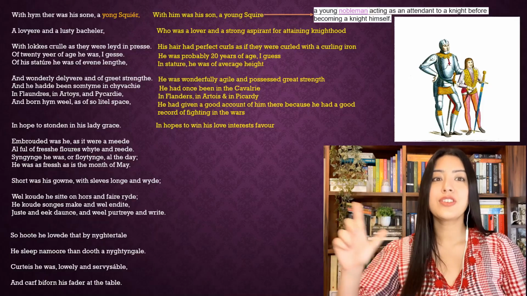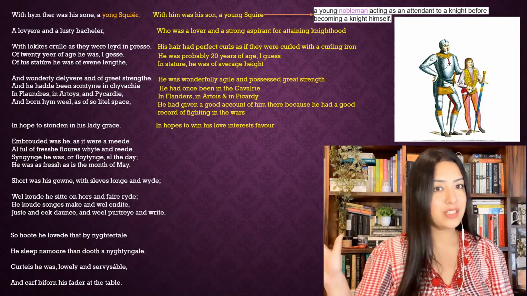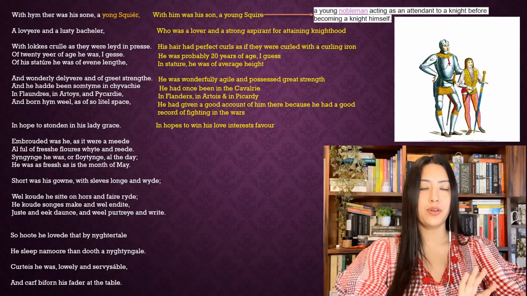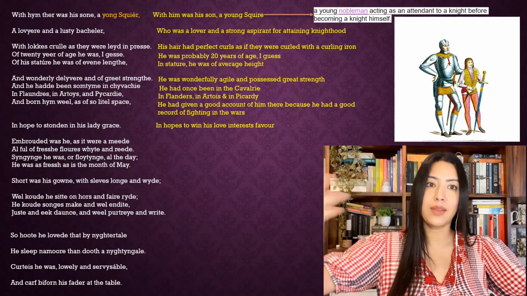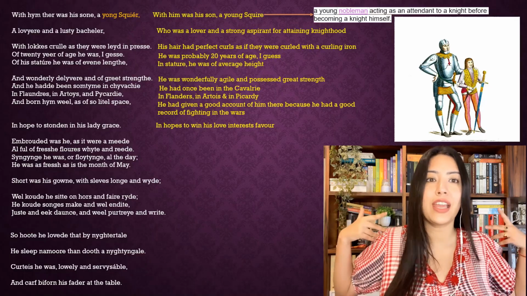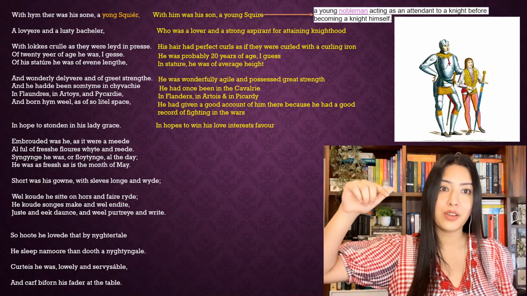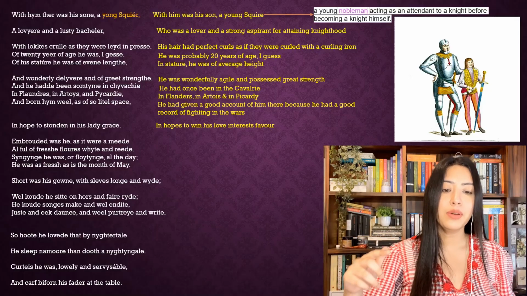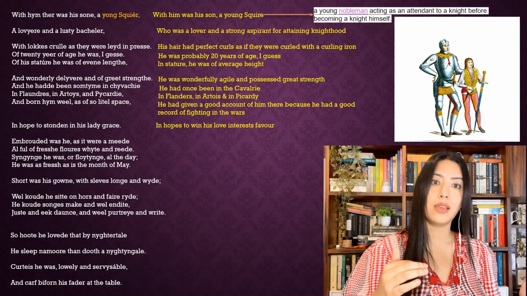Now see, contrast again. His hair had perfect curls. His father was unkempt. He had soiled his fustian coat. He had come from an expedition, and he just came to the pilgrimage like that. Did not care about how he looked. The son had perfect curls, almost as perfect as you would do with a curling iron, and he was probably 20 years of age, so that also highlights to us his immaturity.